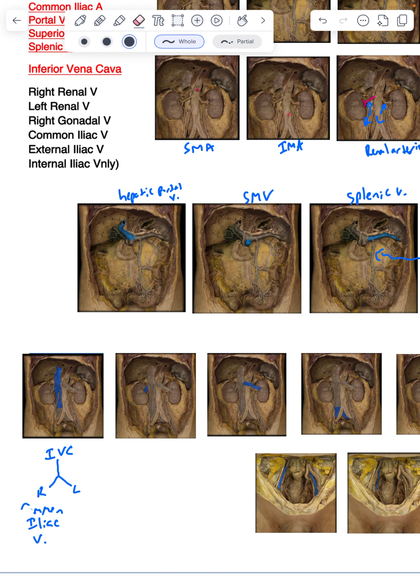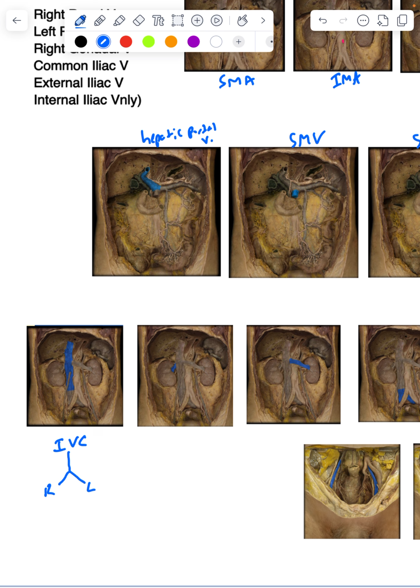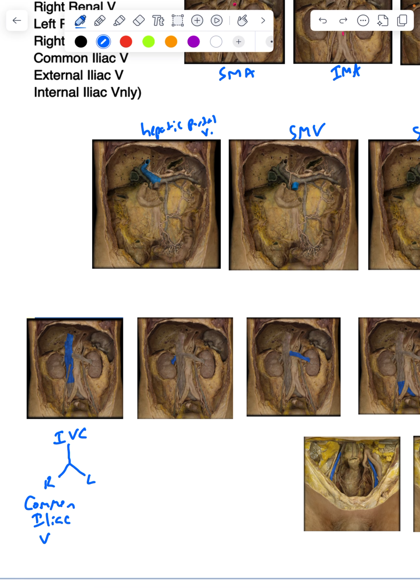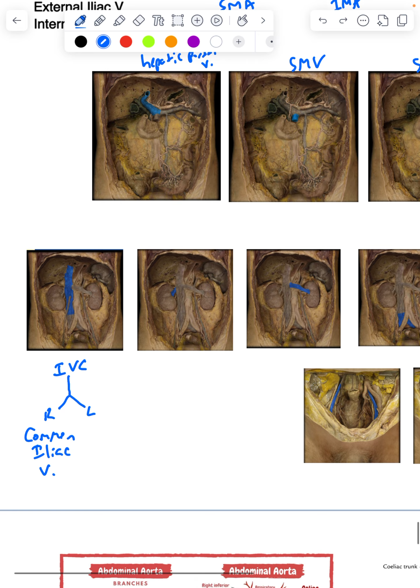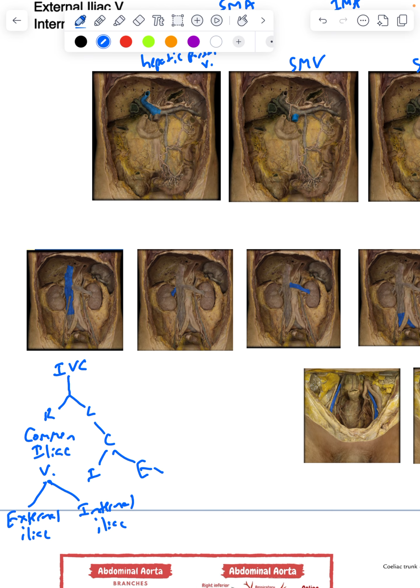Let me fix that. No, I was right. Okay. We're going to go back. So, right common iliac, left common iliac. Your common iliac, remember, anything common is going to split, then becomes external iliac and internal iliac. So same thing here. This will be common, internal, external.